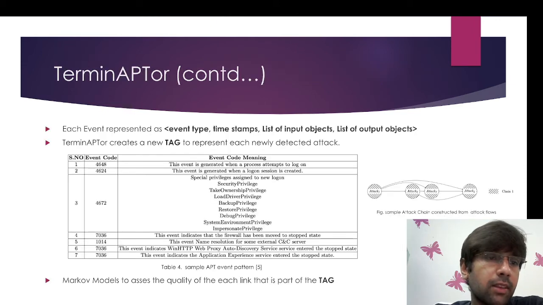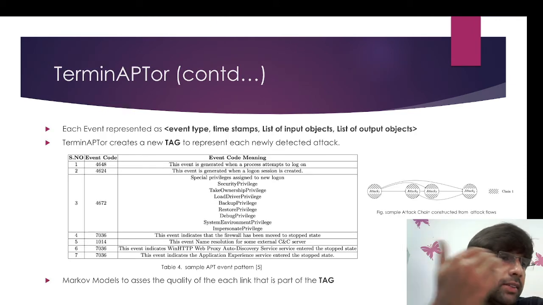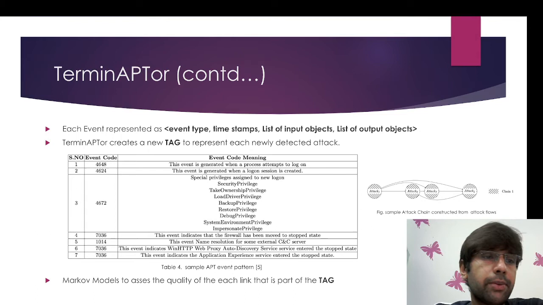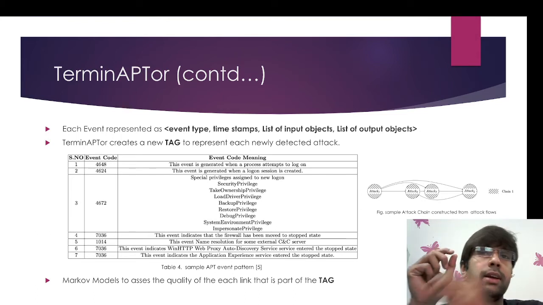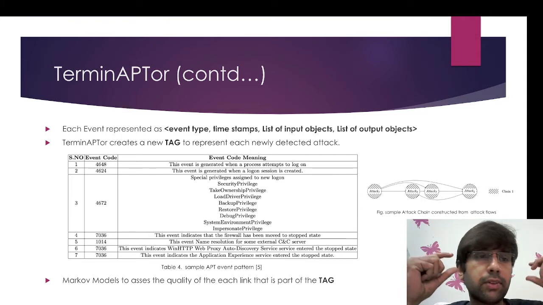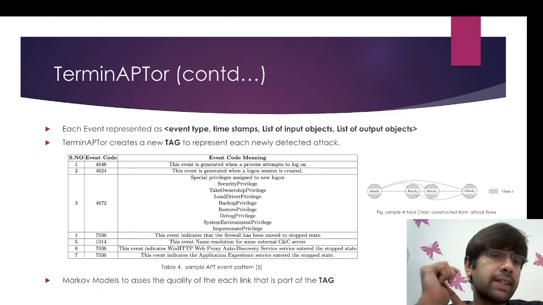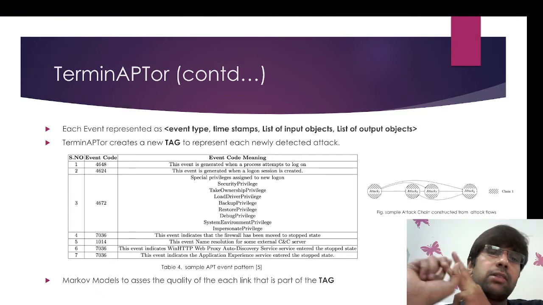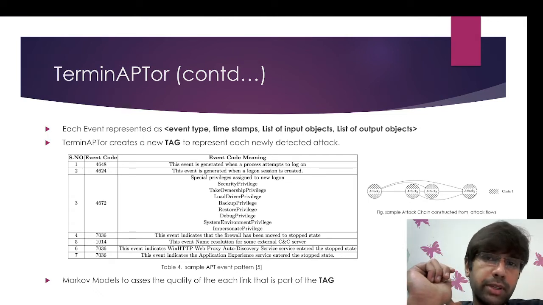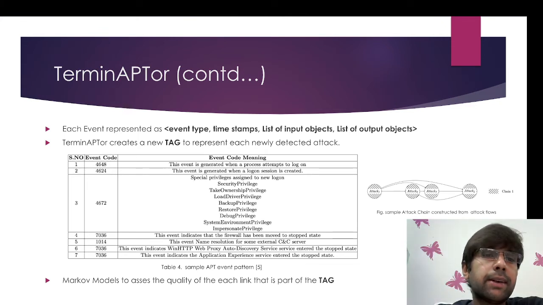Each of these events is represented in a specific format: event type, timestamp, list of input objects, and list of output objects. For a better understanding, I have pasted the list of event codes that I observed during my research on APT detection.